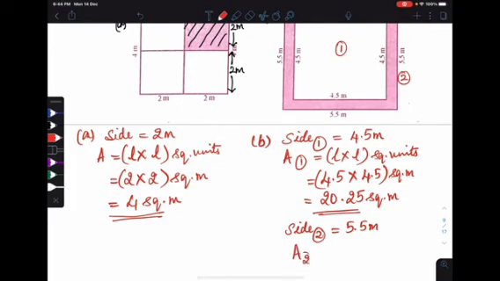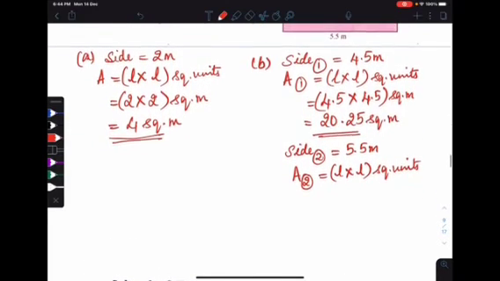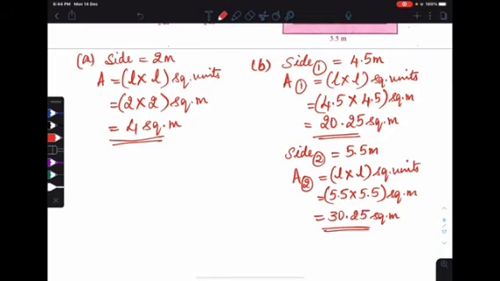So the area of the second square is equal to the same formula, is equal to 5.5 into 5.5 square meters, is equal to 30.25 square meters.